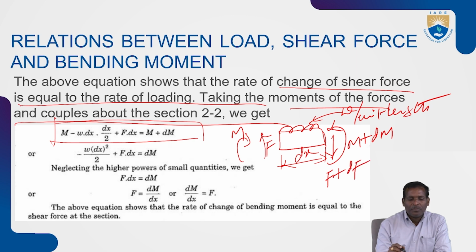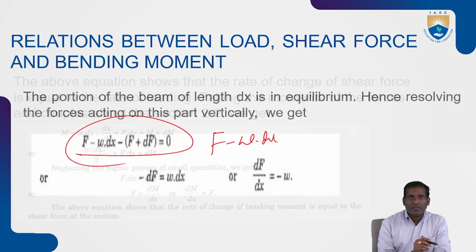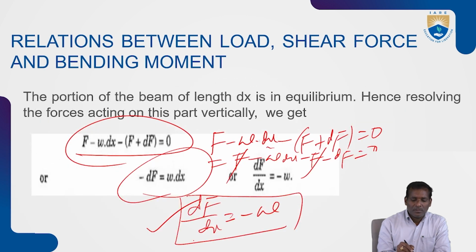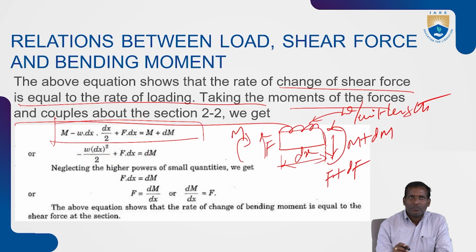So now, in the previous equation we got, after simplification of the equilibrium condition, the rate of change of shear force is equal to the rate of loading. So taking moments of the forces and couples about the section 2.